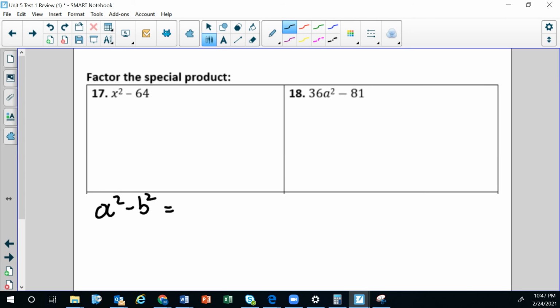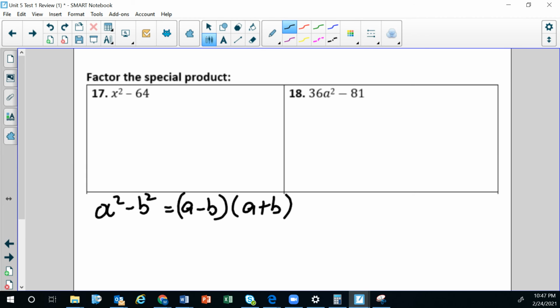And that is equal to a minus b times a plus b. All right. So if you look at it now, the first term is a perfect square, and the last term is a perfect square, right?